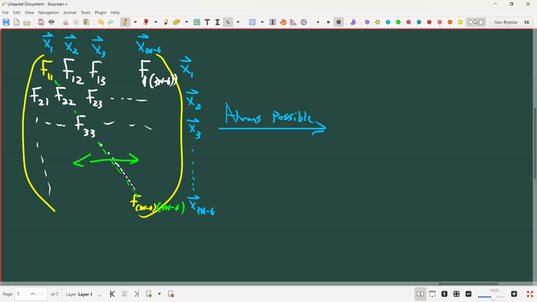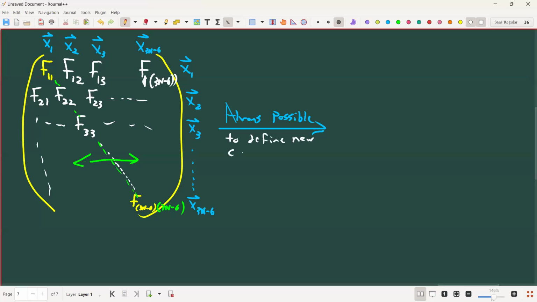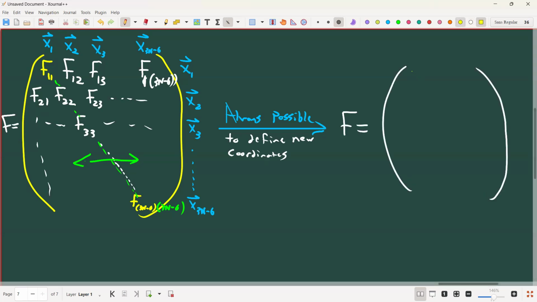To define new coordinates where this matrix F just has values on the diagonal.